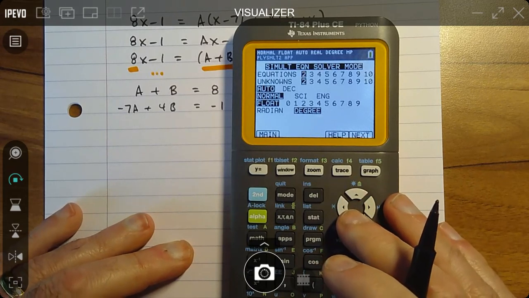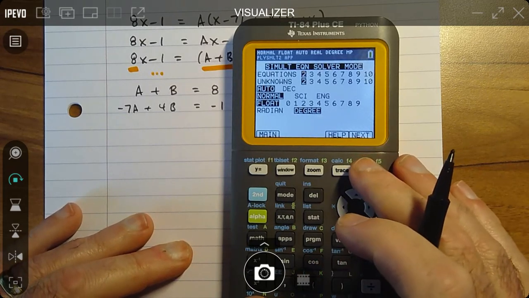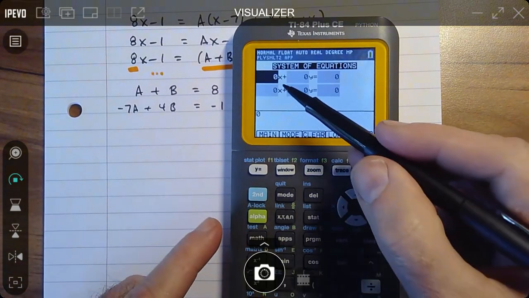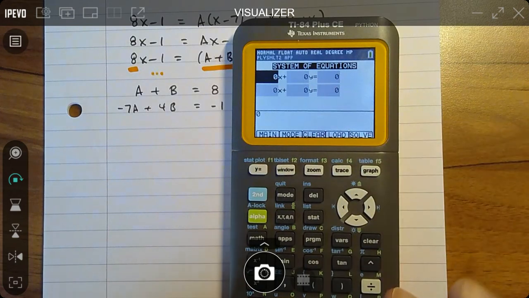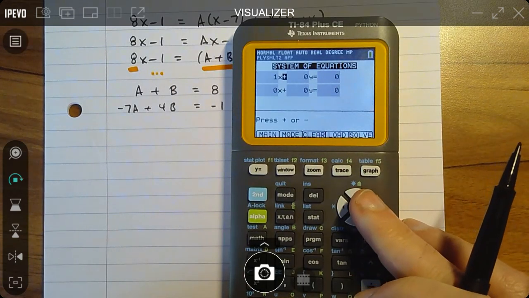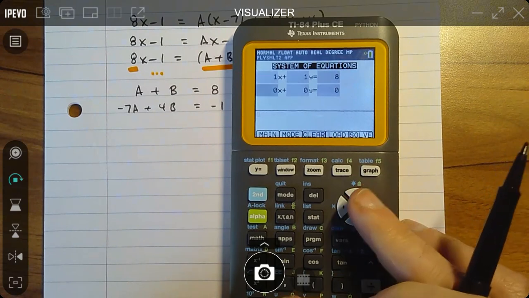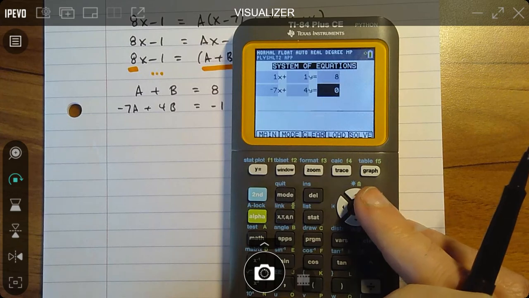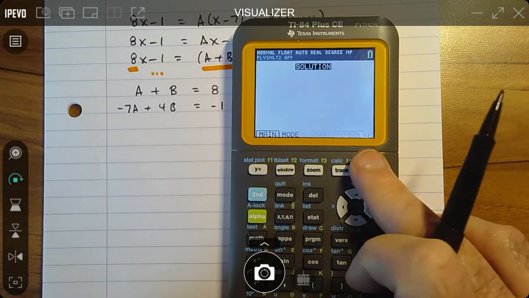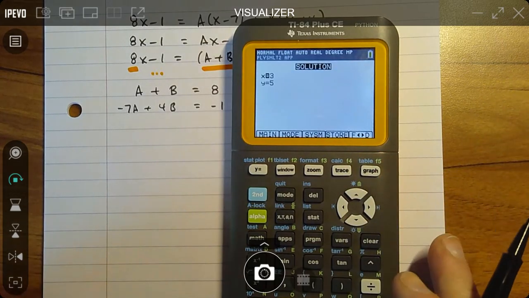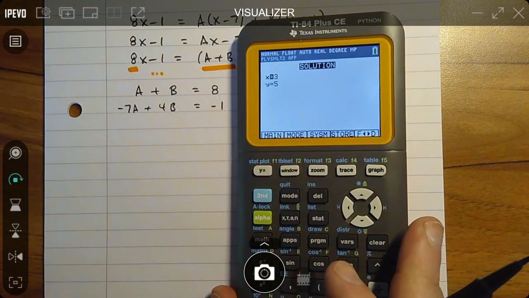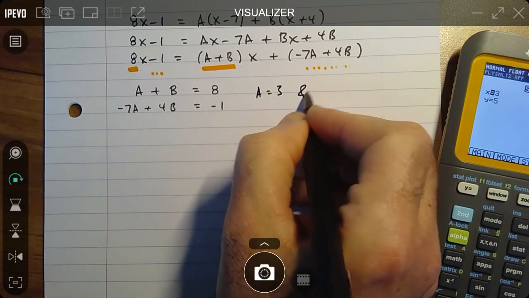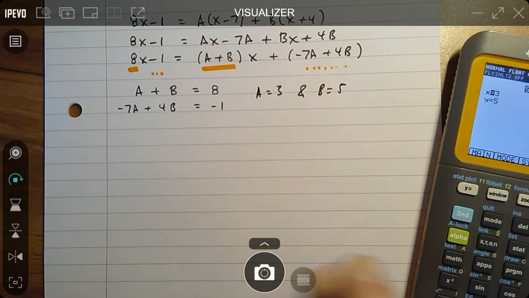Got two equations, two unknowns. Hit next. So I pretend the x is a and the y is b. So I have 1, 1, 8, negative 7, 4, negative 1. Solve. There we go. So a equals 3 and b equals 5.